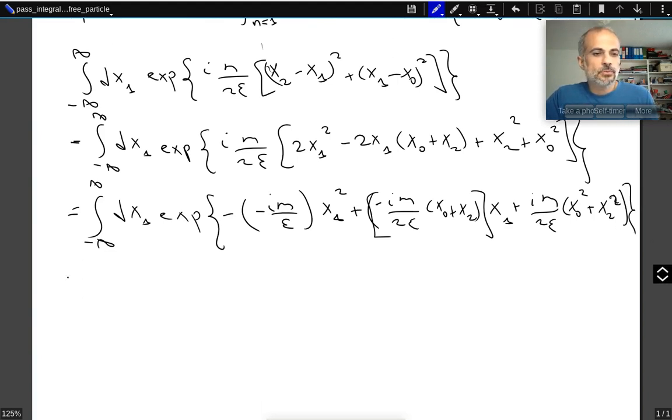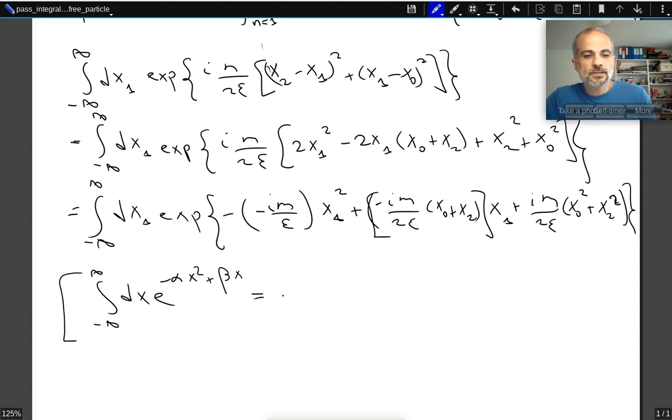Now this integral I will evaluate just using the Gaussian integral, minus alpha x squared plus beta x from minus infinity to infinity. This is just the square root of pi over alpha, exponent of beta squared over 4 alpha.